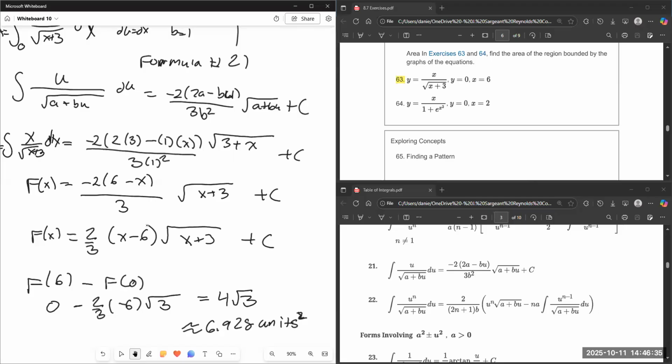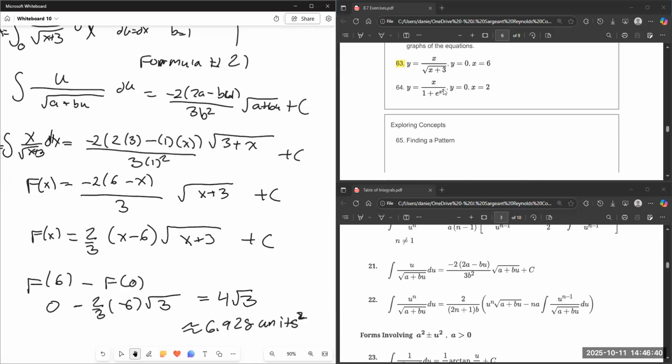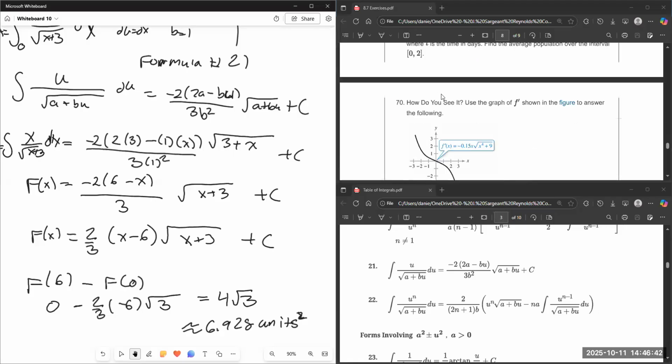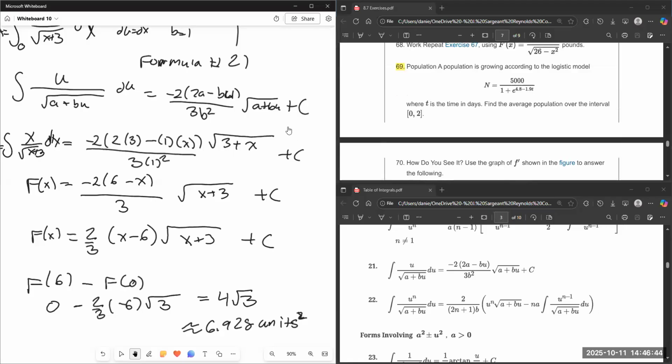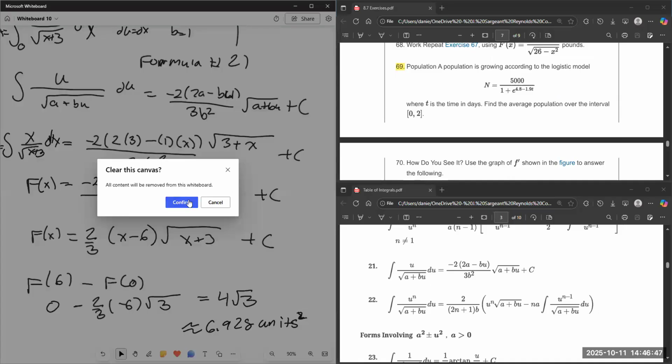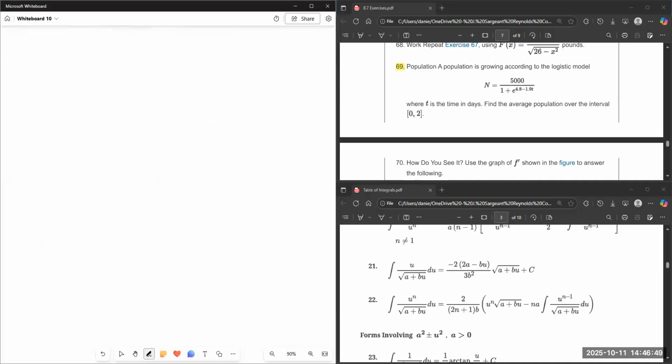So let's finish up here with a couple more problems. We've got 69 and 71, I believe. 69 says n is equal to 5,000 over 1 plus e to the 4.8 minus 1.9 t dt.